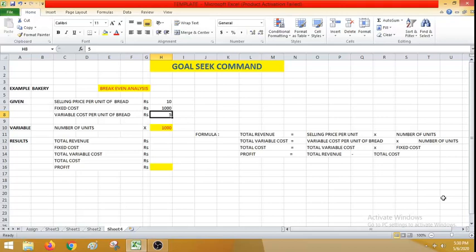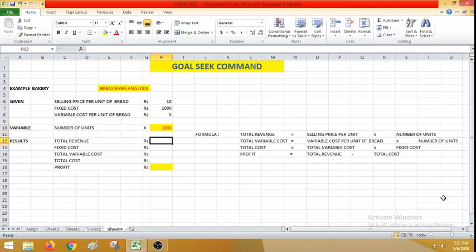The variable is how many units of bread are going to be sold on a day. I'm just taking 1000 as an example. It may be any number you can try, you may even type 2000 or 1000, anything. So I'm just taking an example of 1000 here.